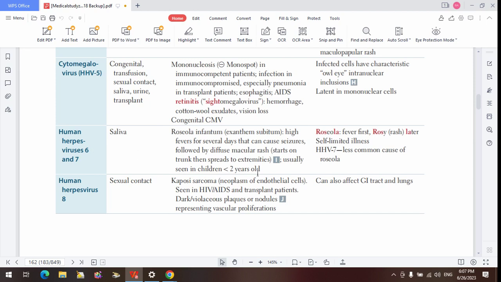Once you are seeing coryza, cough, the Koplik spot in the mouth, and the typical pattern of rash starting from the head, moving downwards, that's likely to be measles. We are still going to talk about measles because measles is one of those RNA viruses, so we will talk about it when we get to it. Okay, thank you. You're welcome.